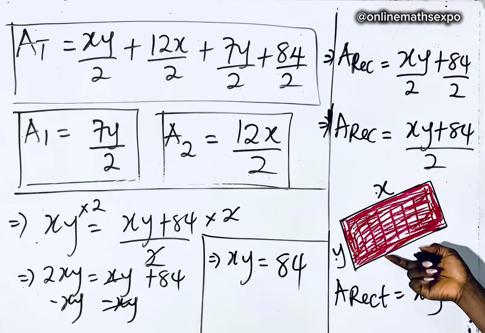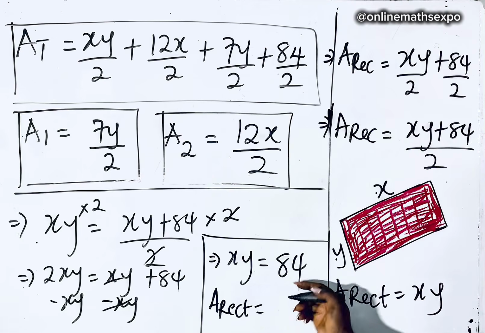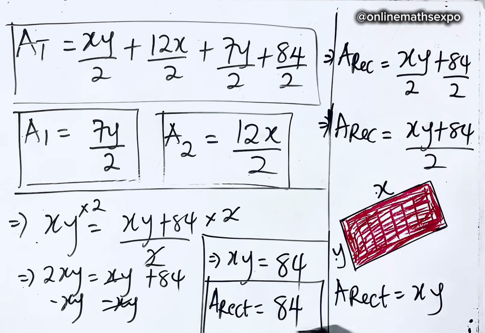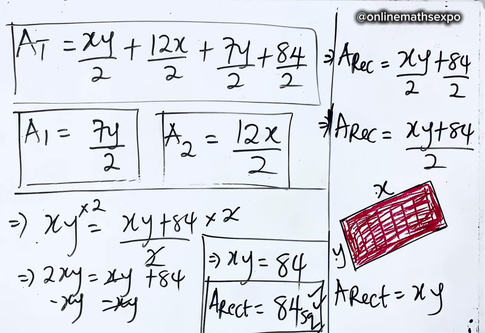So it means that the area of our rectangle, as we have said, is 84 squared units. So this becomes our answer. So this is our answer for finding the area of this rectangle.